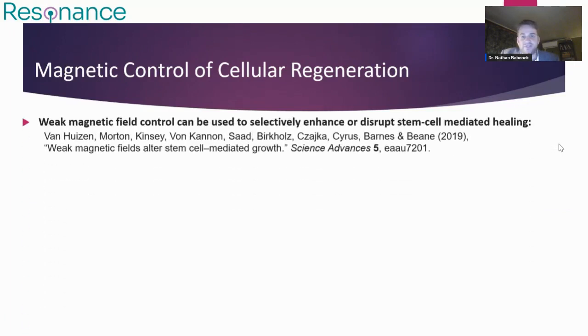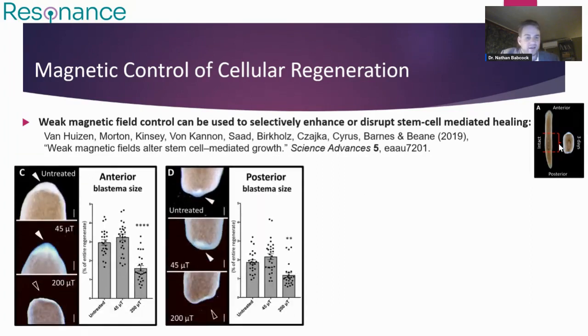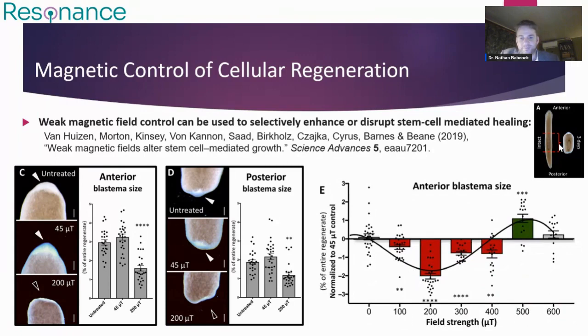Magnetic control of cellular regeneration has been shown: weak magnetic fields can be used to selectively enhance or disrupt stem cell mediated healing in small invertebrates. So with these organisms, we've shown that whether they're treated with weak magnetic fields or not can control their rate of healing if they're injured, in fact, cut apart and allowed to regrow.